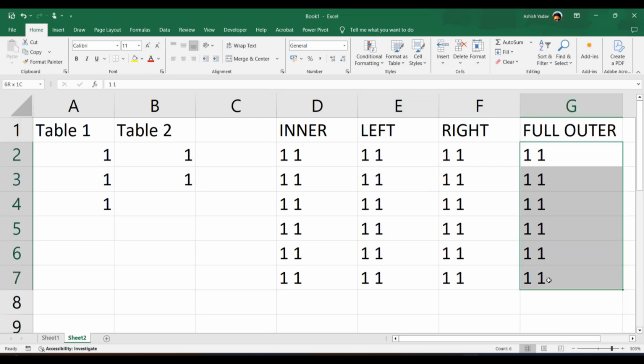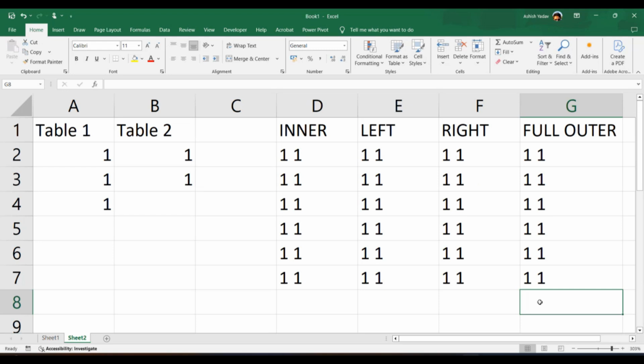The full outer join says matching records from both the tables plus non-matching from the left table, which in this case is nothing, plus non-matching from the right table, which again in this case is nothing. So in this scenario, left join, inner join, right join, full outer join all have the same answers.